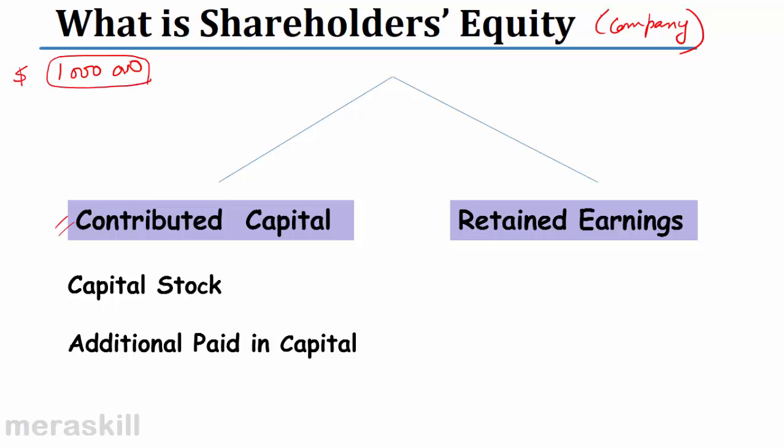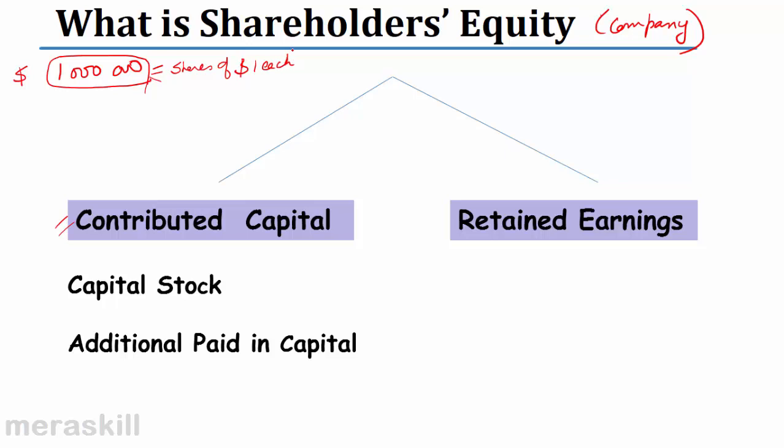$1 million. This $1 million is not held by one person but several thousands of people. So this 1 million is split into different shares. Let us say it consists of shares of $1 each.